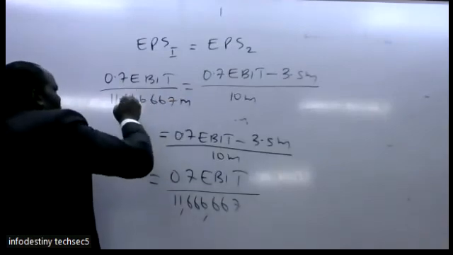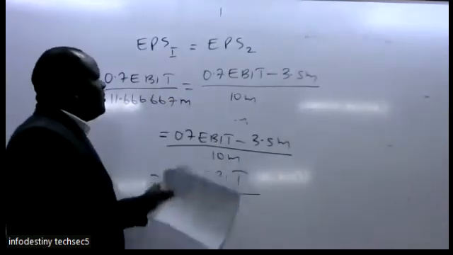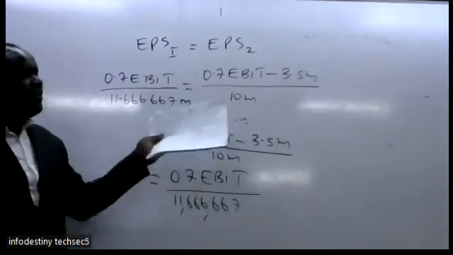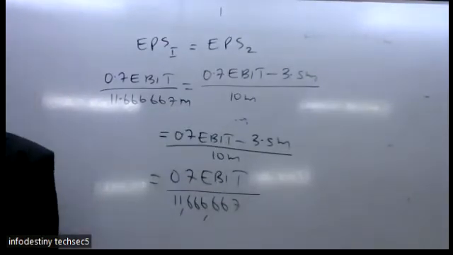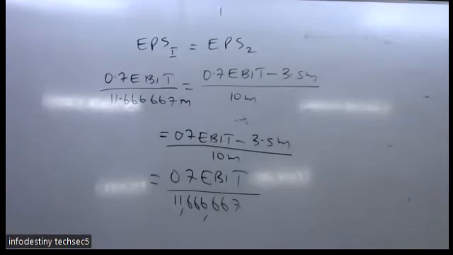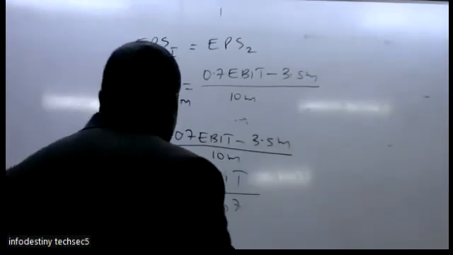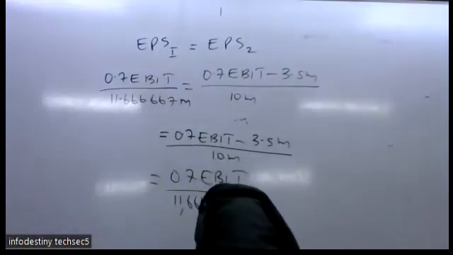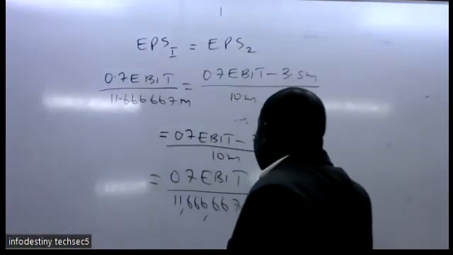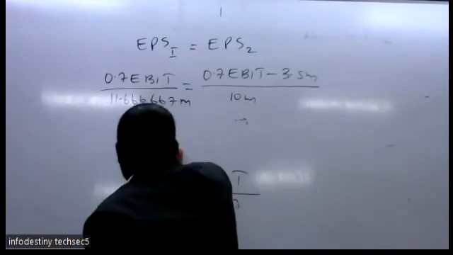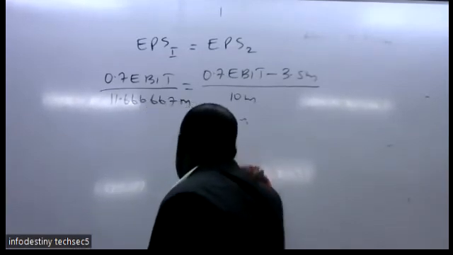So I want you to cross multiply and make earnings before interest and tax the subject.